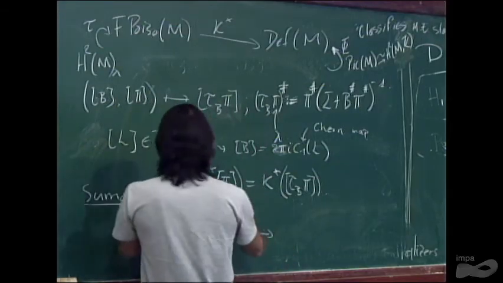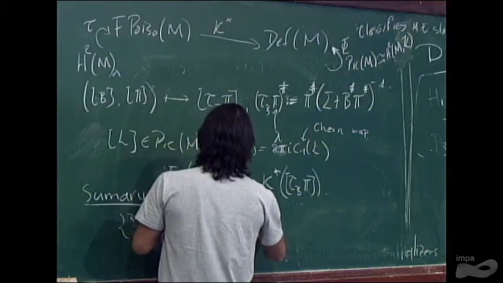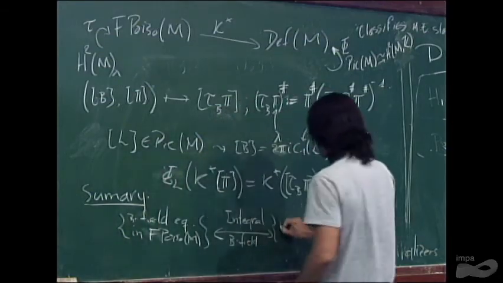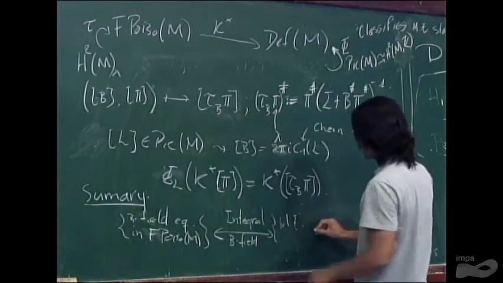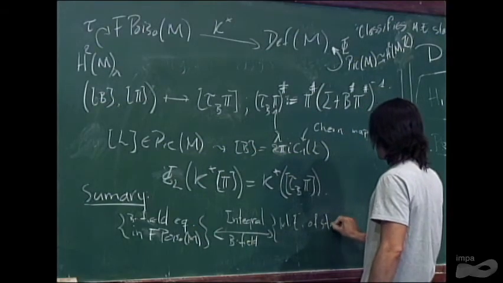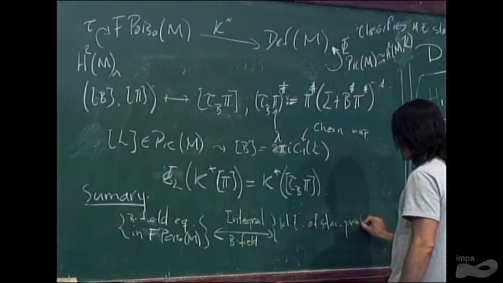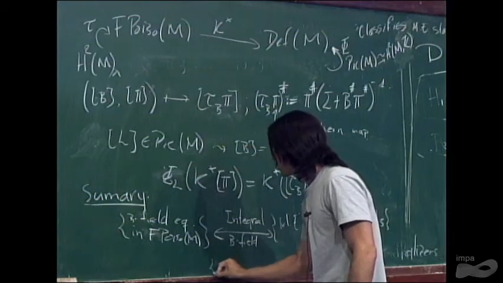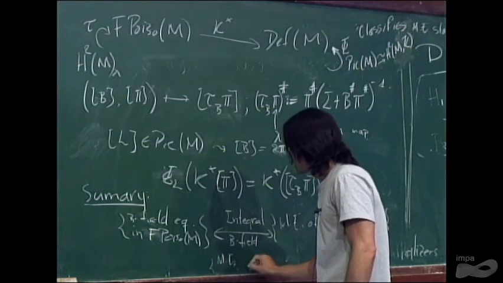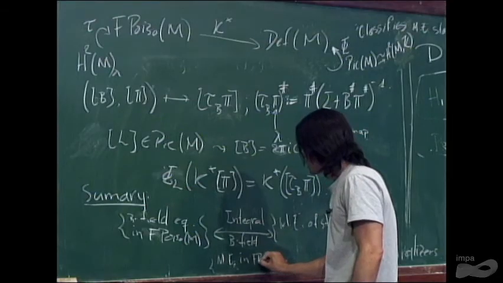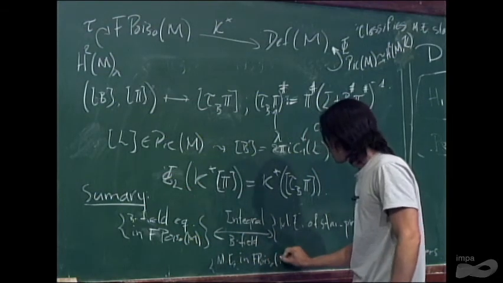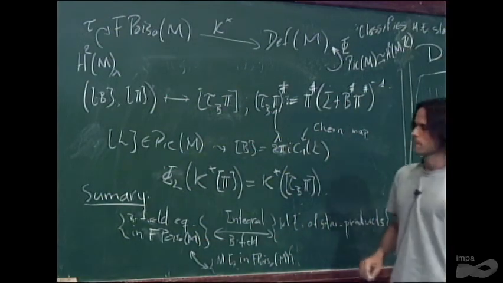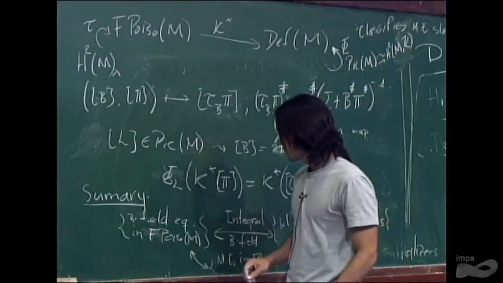So by this result here, under the integrality condition, we have Morita equivalence of star products, and our main result is here: Morita equivalence in this set, if and only if, with this notion of equivalence.